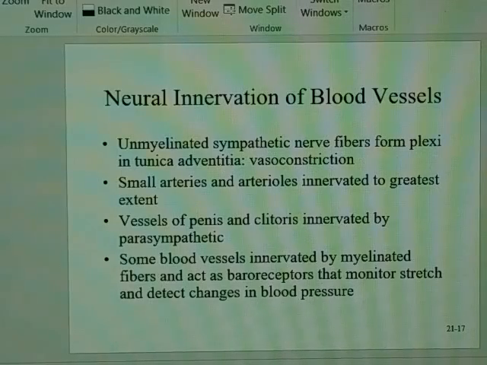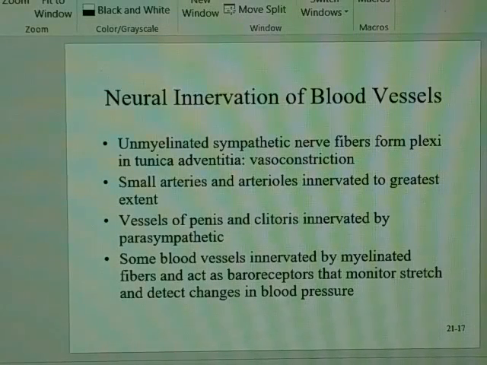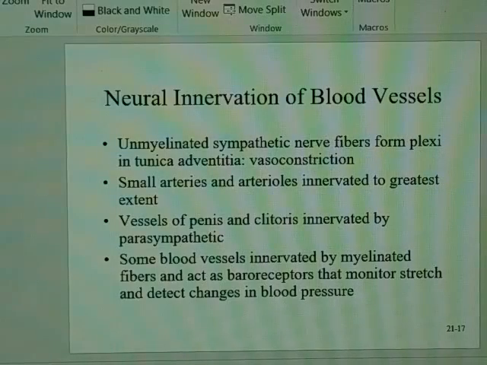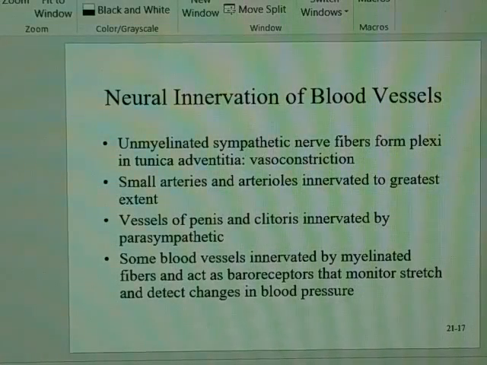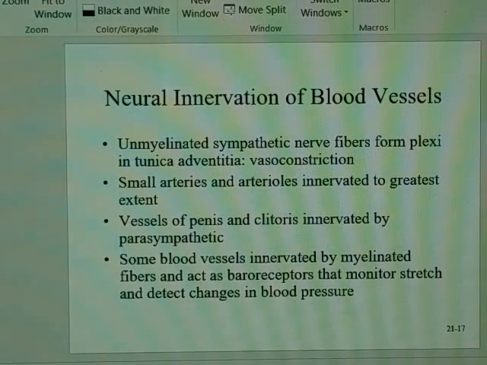So parasympathetic is the only thing that's innervating the penis and the clitoris, and that's because, once again, it's a primitive function, because its job is to help with making sure we reproduce the species, and having the blood supply there will allow for the erection to occur, and with the sexual stimulation, you have a better chance of procreating the species.